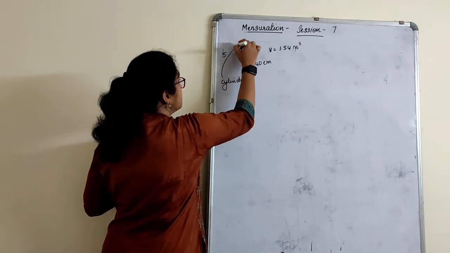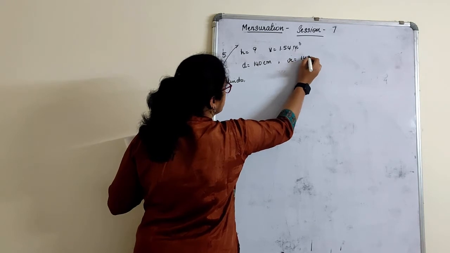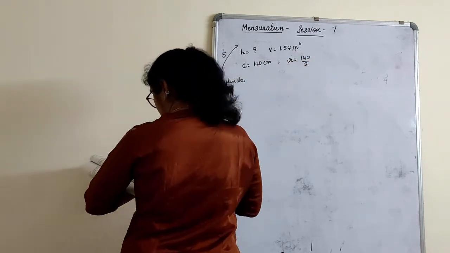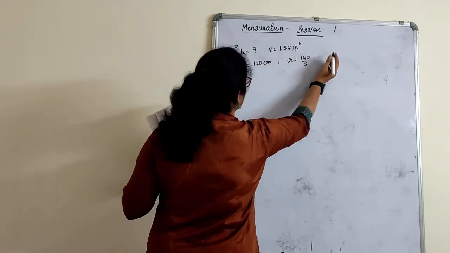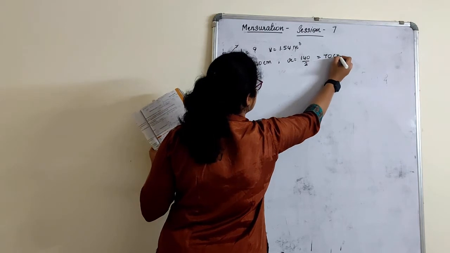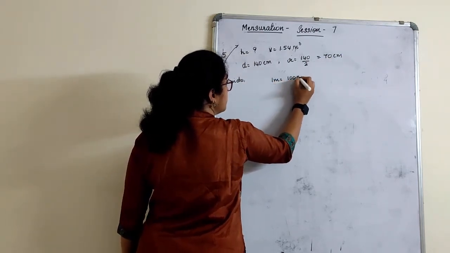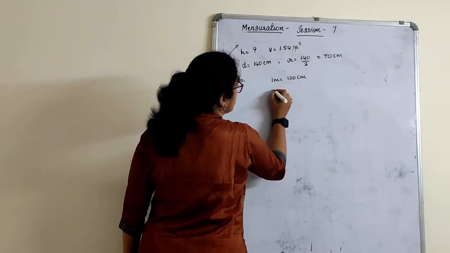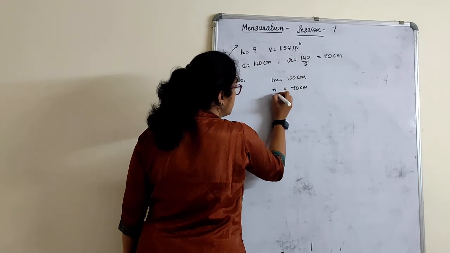I need to write this here first. Yeah, I missed it. R is equal to 140 by 2, so 70 centimeter. 1 meter is equal to 100 centimeter. 70 centimeter is equal to how much?